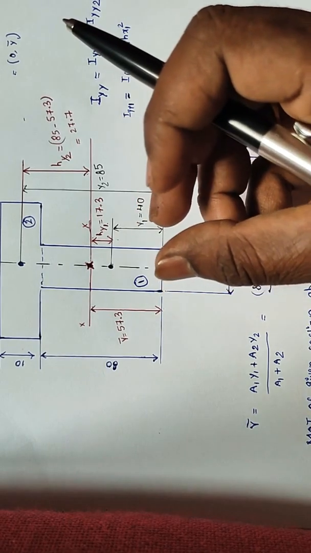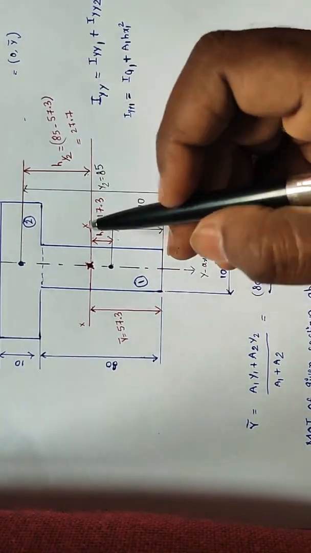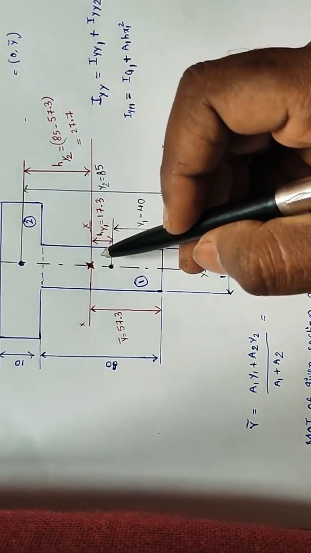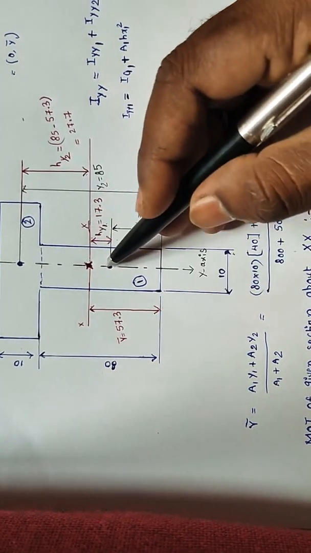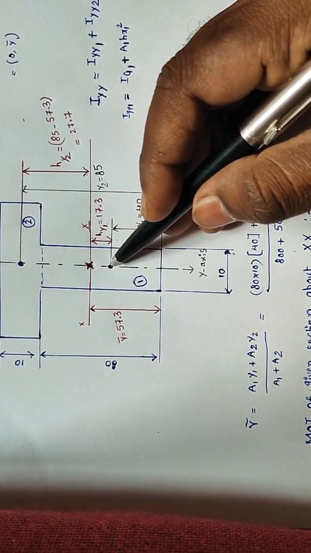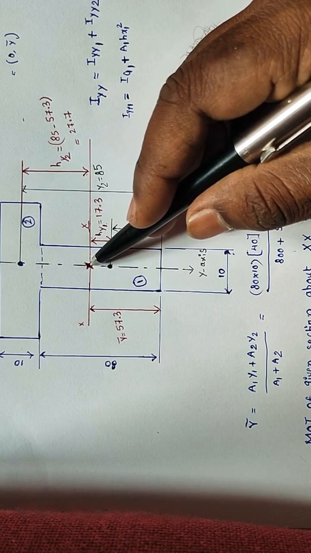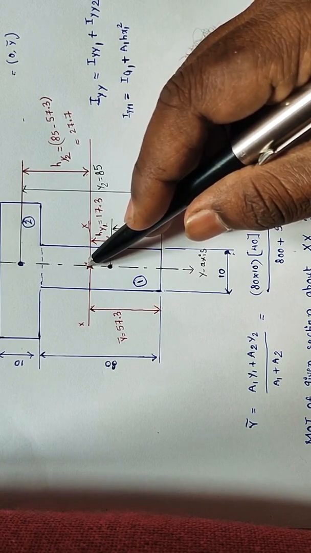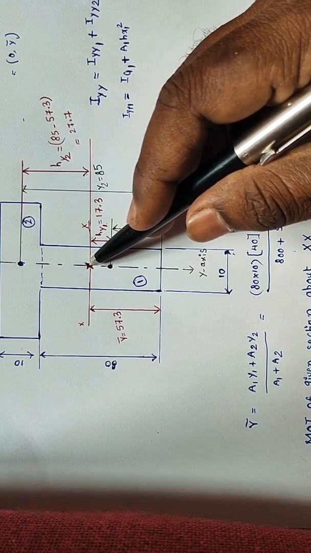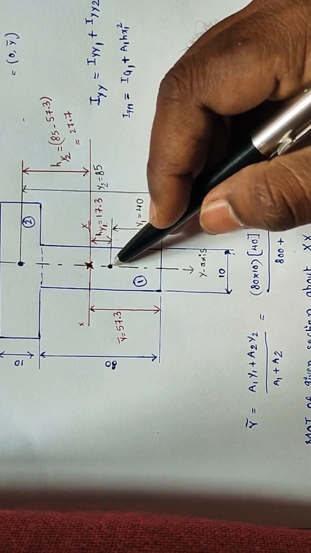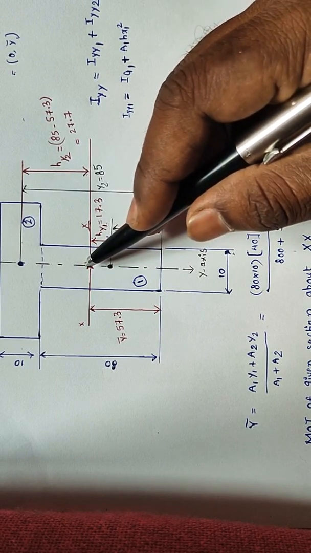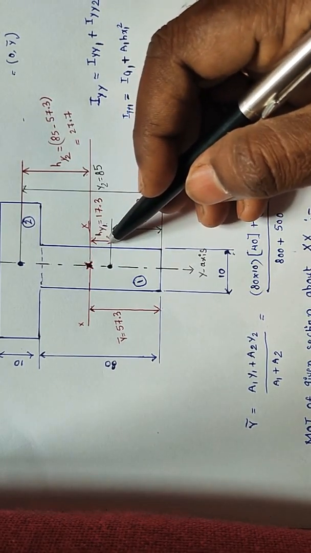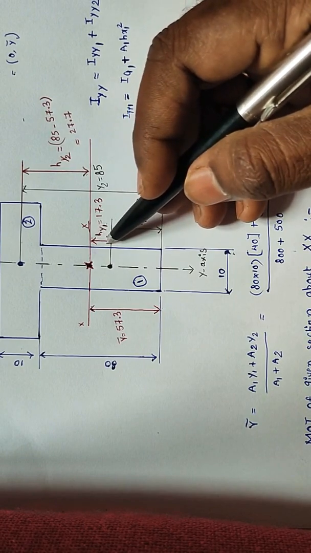So measuring distance along horizontal direction along x-axis is 0. So centroid of first element lies on y-axis, centroid of this total section also lies on y-axis only. That means you are going to get only hy1 values.